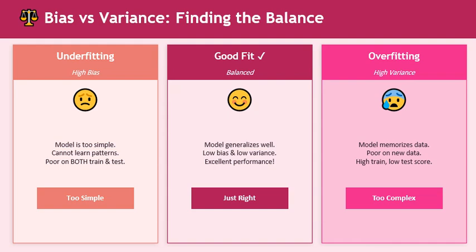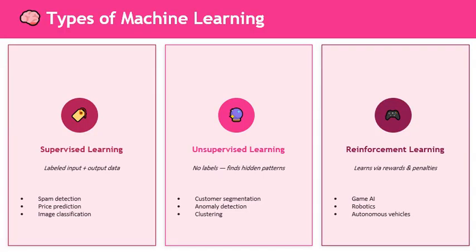And we have the last slides, which is the types of machine learning. There are three major types of machine learning. Firstly is supervised learning. We have input data and known output labels. The model learns to predict outputs from inputs.